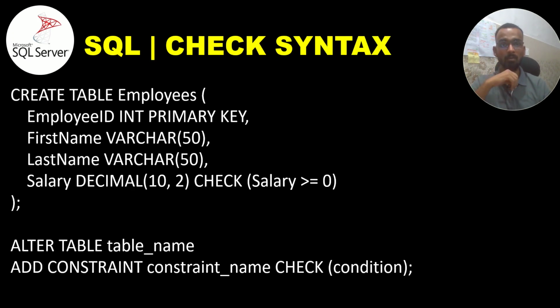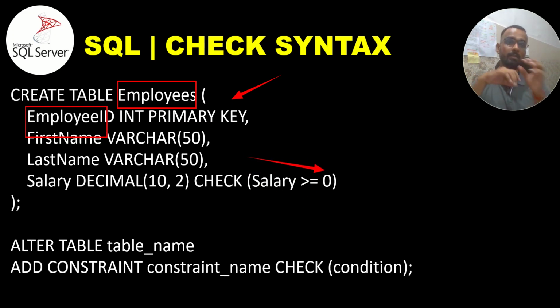So you can see over here we are creating a table of employee. Here employee ID is the primary key, and for the last column, salary, we have checked that salary should be greater than 0. If this is not fulfilled, then definitely it will throw an error while updating or inserting the data.